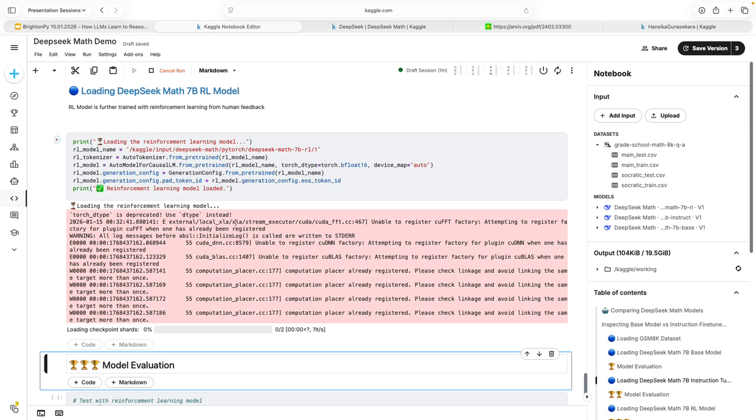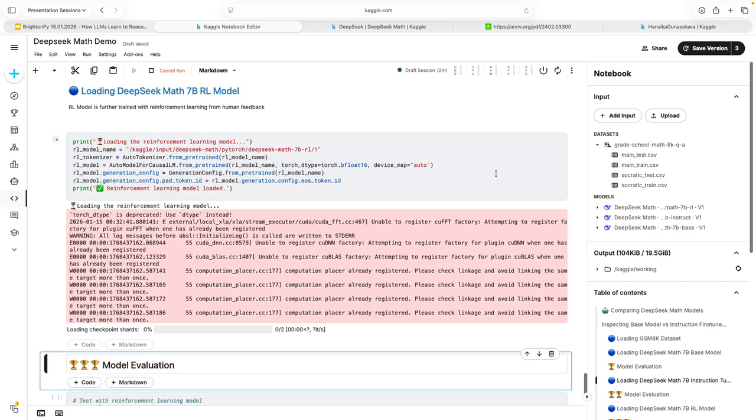So the challenge was that we have only T4 GPUs available to run this notebook on Kaggle. Because of that, we were not able to load all the trained models into one notebook session.